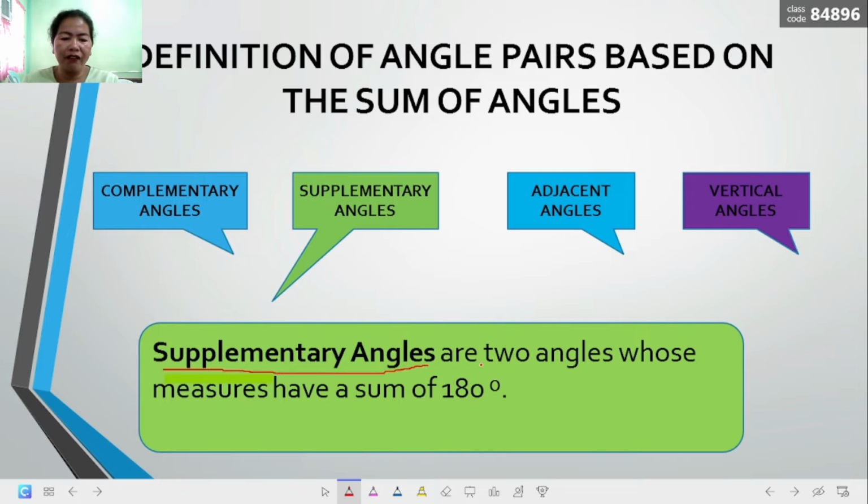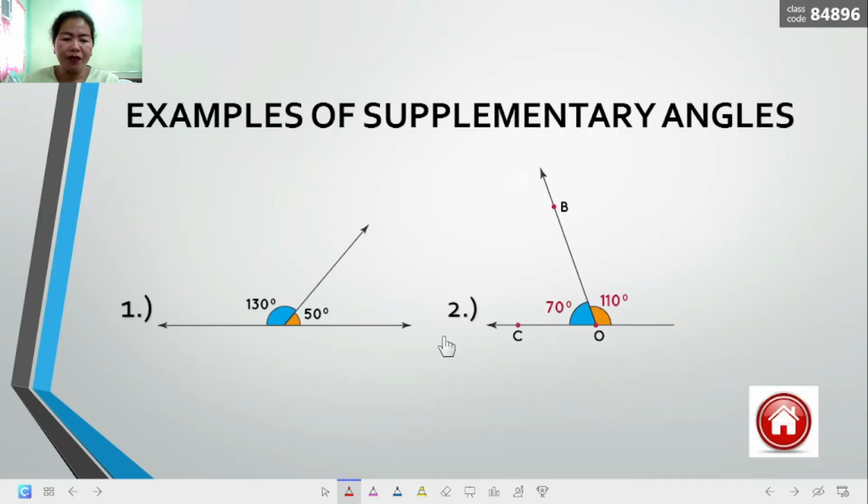So again, I have here two examples. One is 130 plus 50 is equal to 180. So at the same time, 130 degrees and 50 degrees is equal to 180. Thus, 180 degrees shows supplementary angles, and it also shows that the two angles form a straight angle.